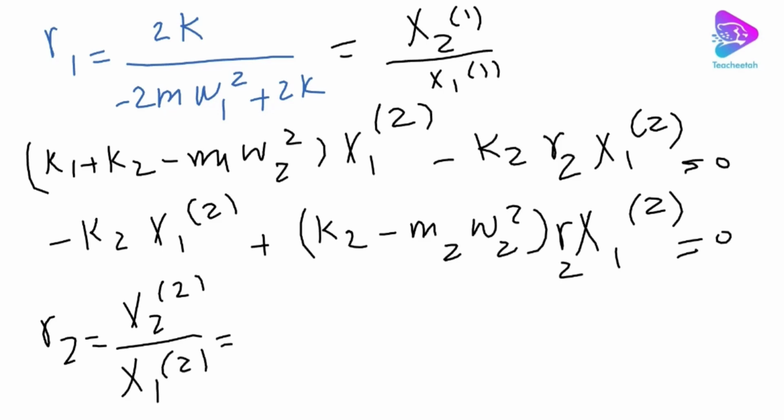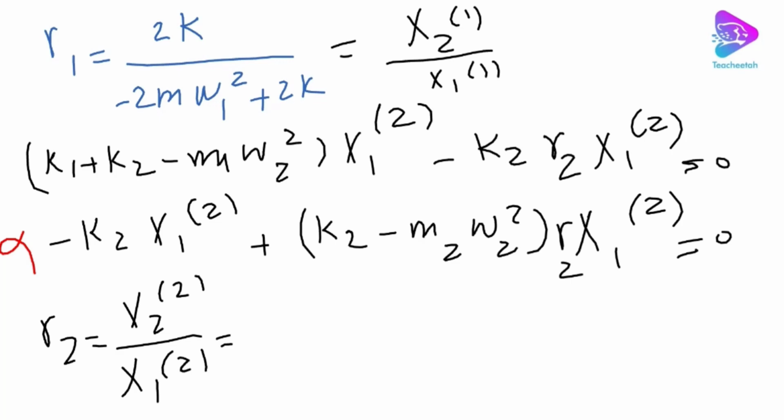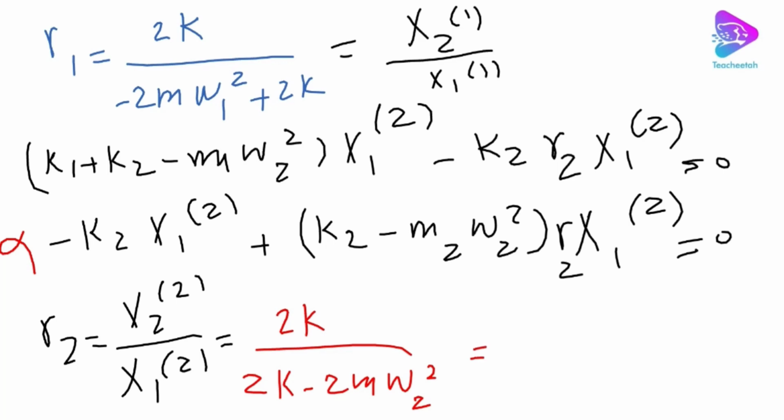we can use either of these equations. For example, if I use the bottom one, we get 2k divided by 2k minus 2m omega 2 squared, or it is also equal to, if we use the top equation, 3k minus m omega squared divided by 2k.